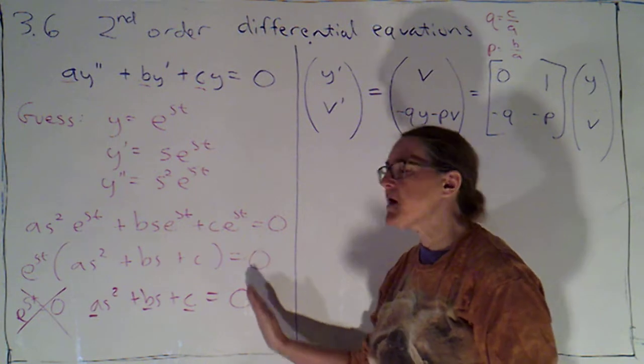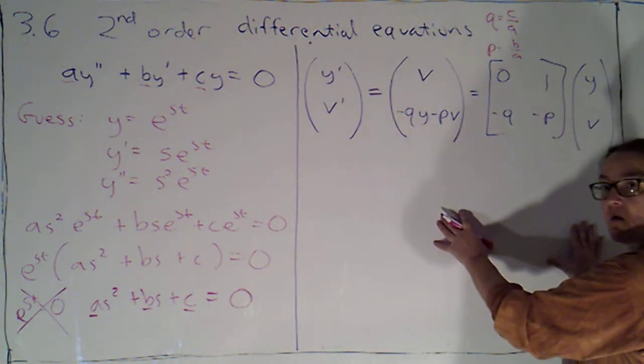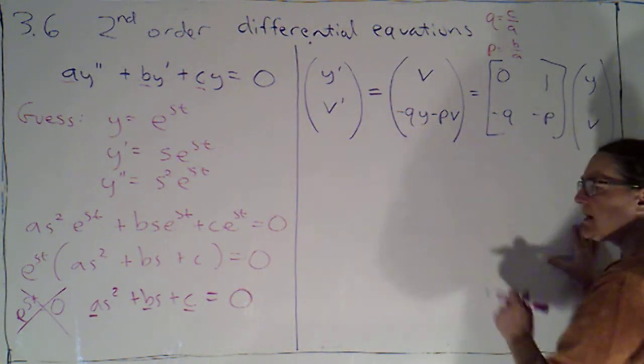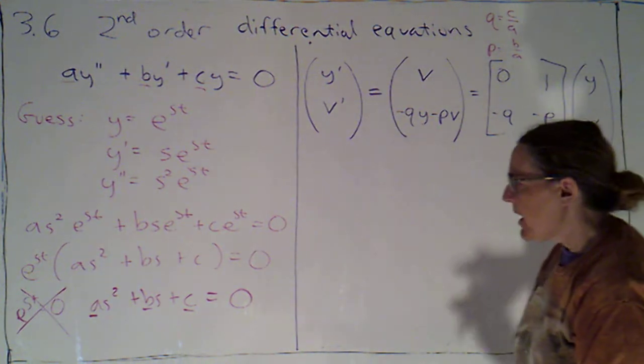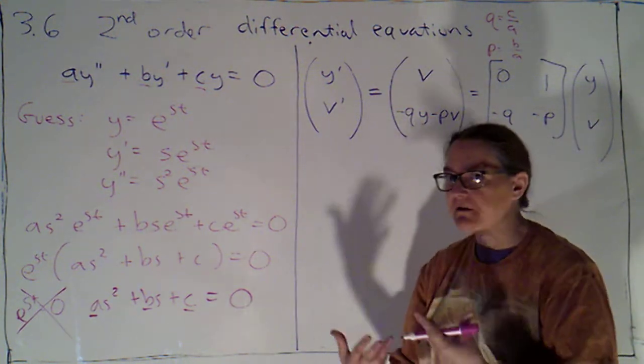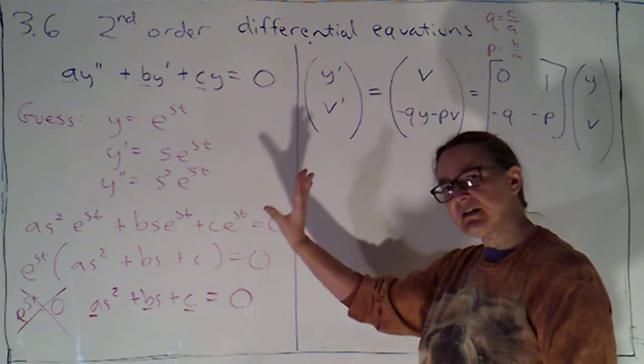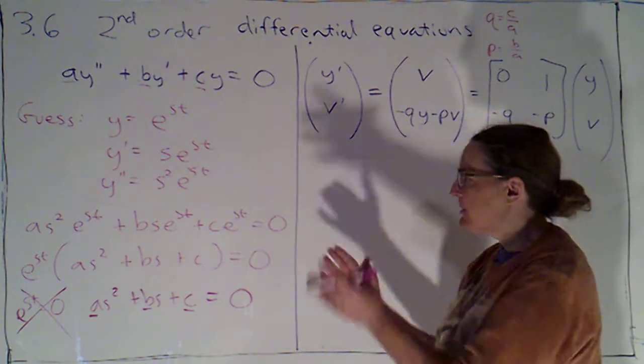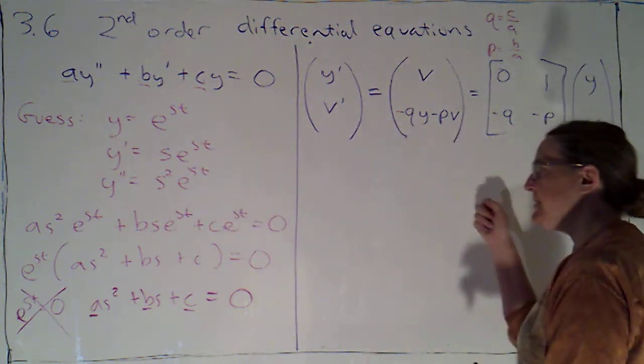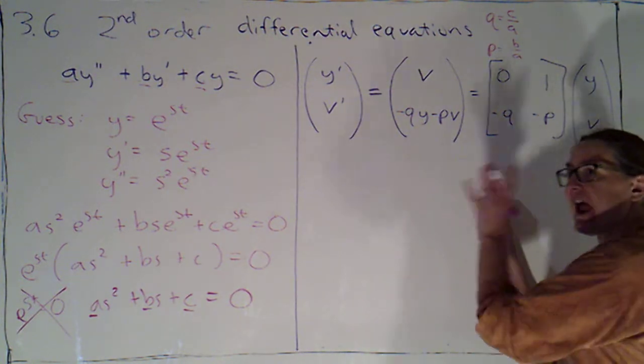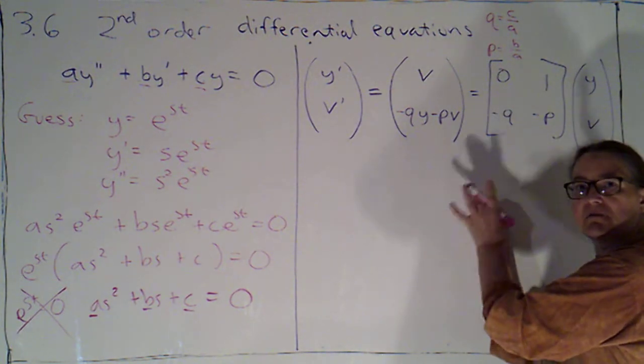What I want to do, though, is compare to how we would solve things over here. Because I don't know if I'm going to be able to get all solutions by this method. We didn't have a theorem about how I would get all of the solutions. But we did have a theorem over here for how I would know I had found all of the solutions.